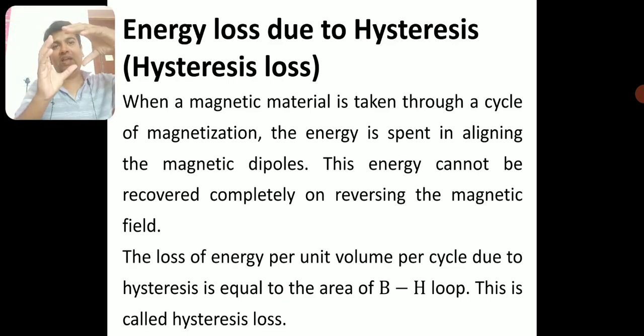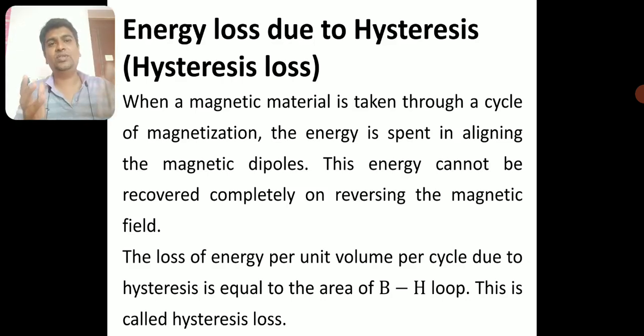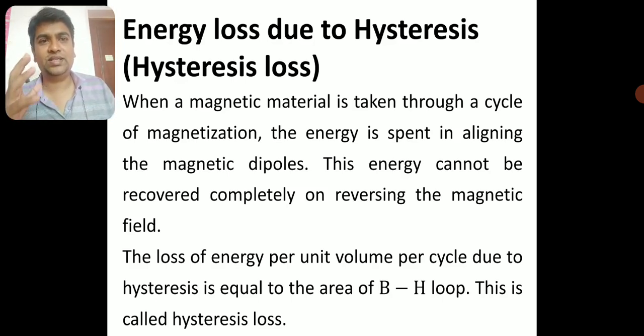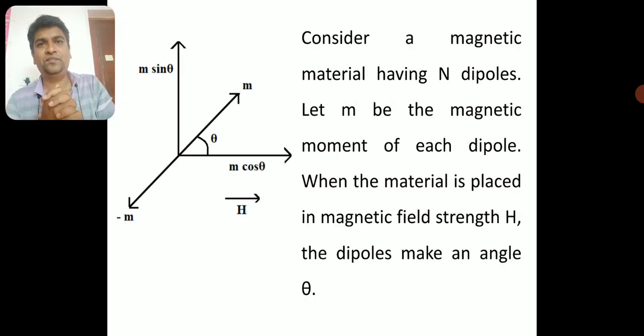The area within that loop gives us the loss of energy per unit volume per cycle, and this is called the hysteresis loss. And we'll find an equation for hysteresis loss.